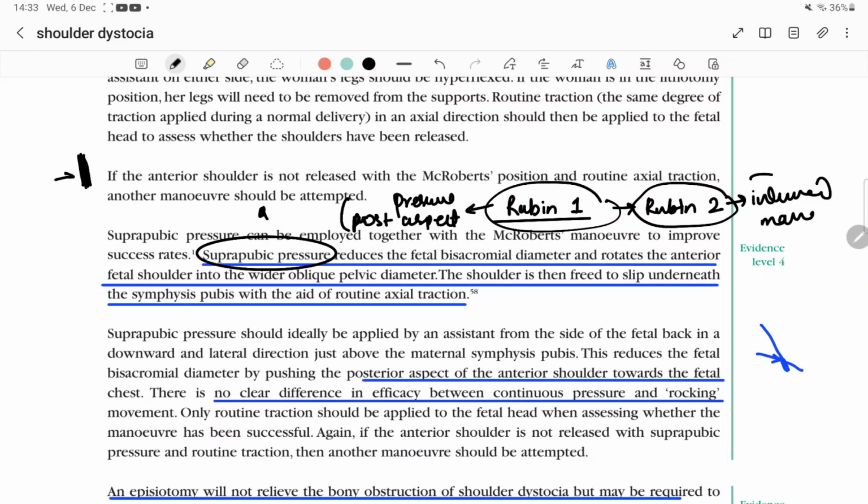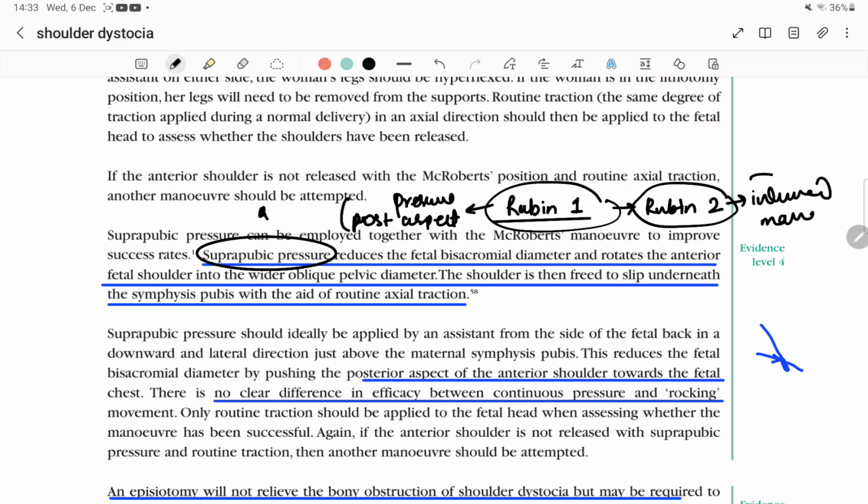But when you insert your fingers into the vagina and apply pressure on the posterior aspect of the anterior shoulder, it is Rubin 2, because you are applying pressure within the vagina.